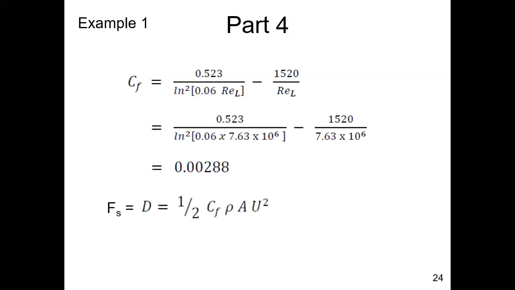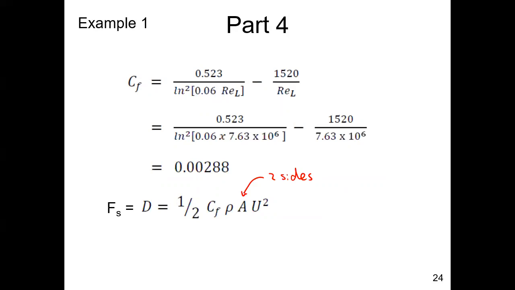So now we can take that drag coefficient, put it into the drag force equation, and calculate the drag on this flat plate. And again, this is where we have to recognize we have two sides. So the area of one side is 2 meters by 1 meter. Since this plate is completely submerged, we have to make sure we account for both sides.